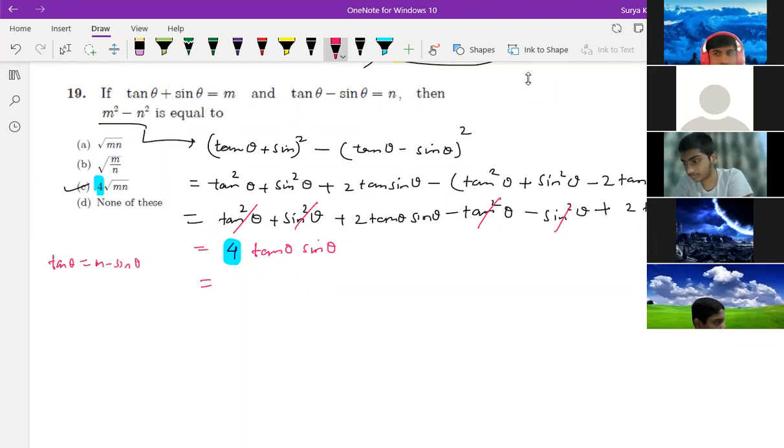Okay. Then let's substitute the value here at the place of tan theta. The m minus sine theta is coming now here. Again sine theta. Then how can you get it?